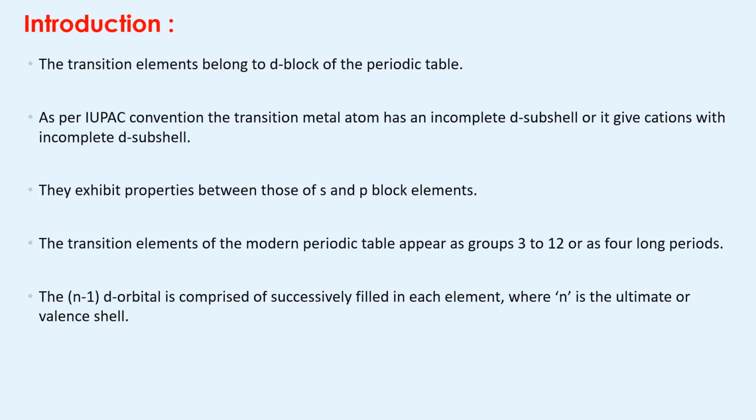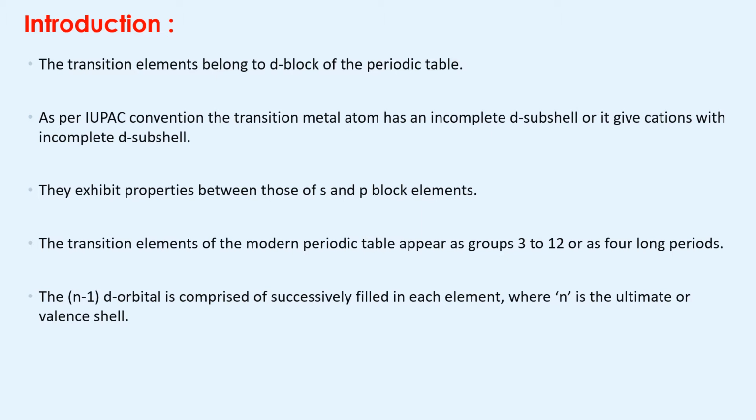Now the third series is our 5d series, which starts from lanthanum to mercury. Then we enter the 7th period. That is our fourth series, the 6d series, which starts from actinium to cerium.